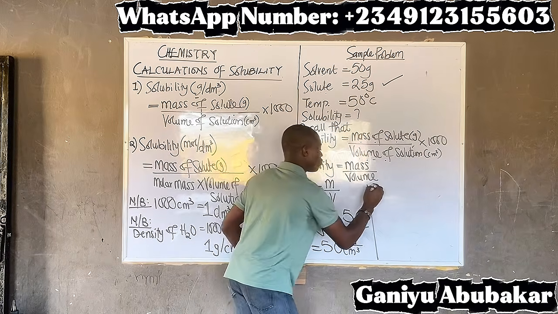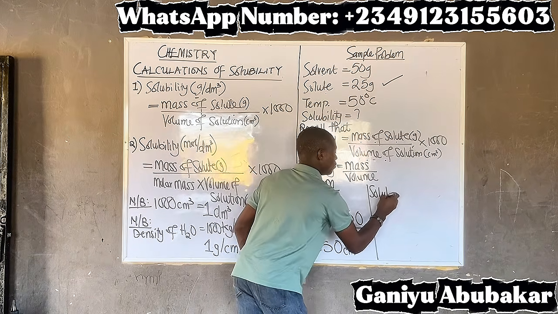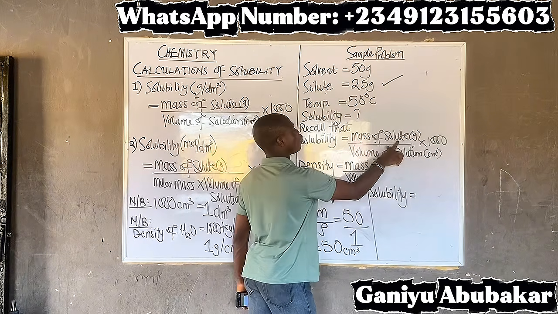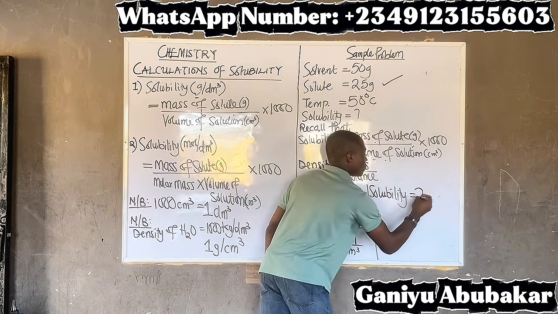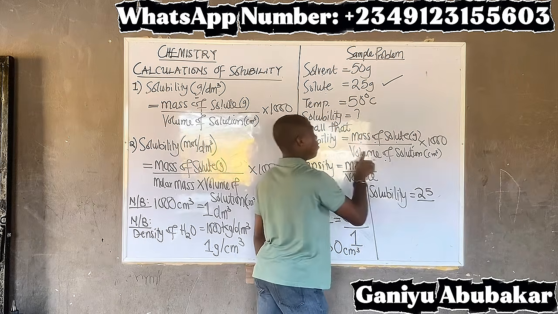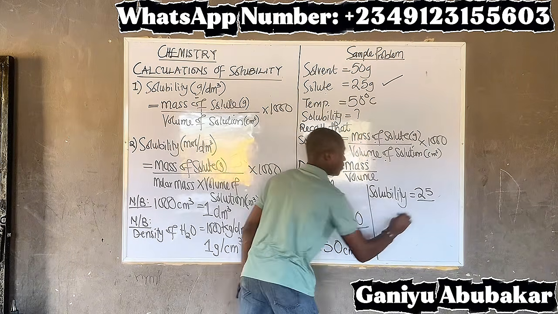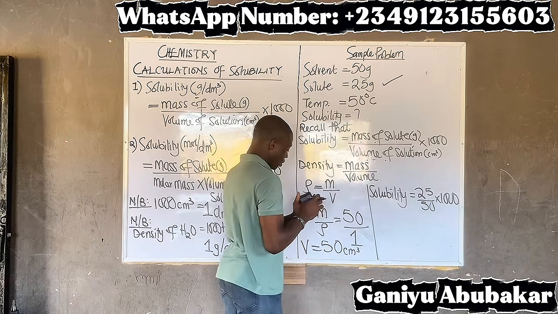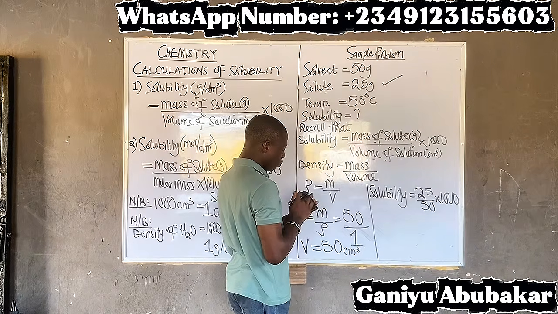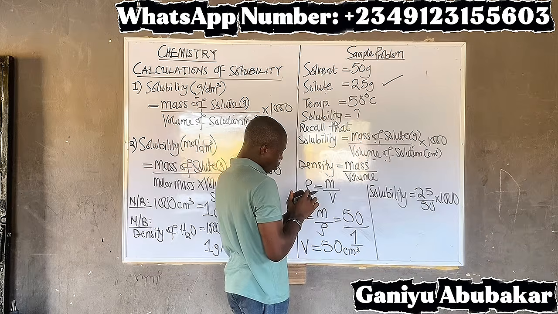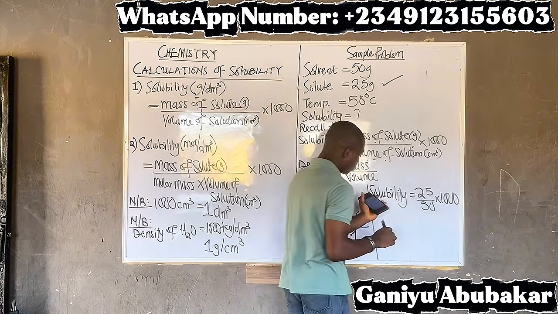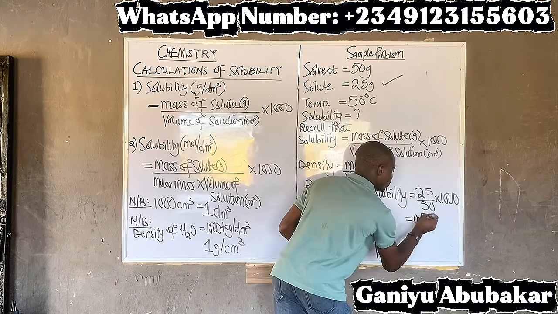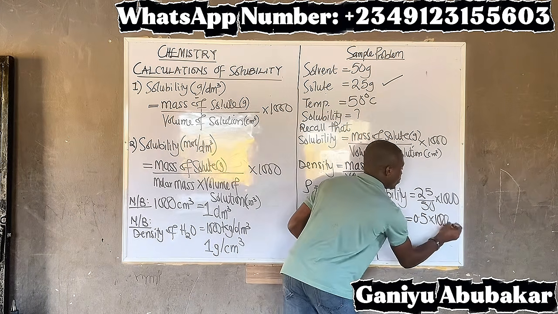So solubility is equal to mass of solute, which is 25, all over volume of solution, which is 50, times 1000. If I multiply this and punch my calculator, divide this 2, that gives you 0.5 times 1000.